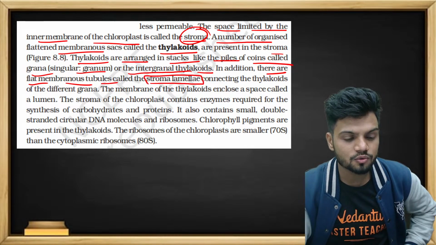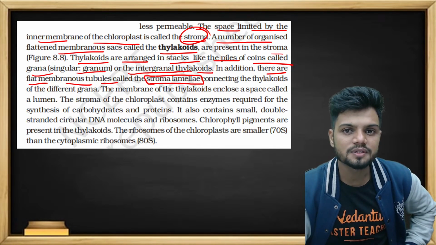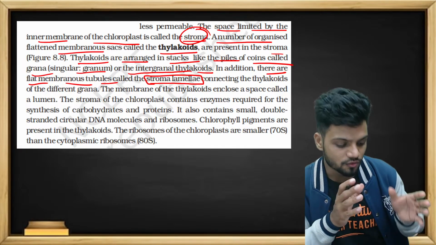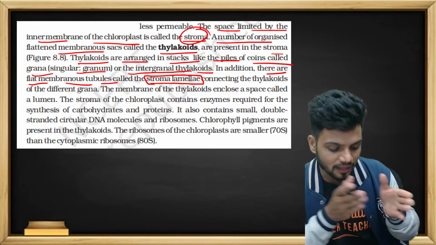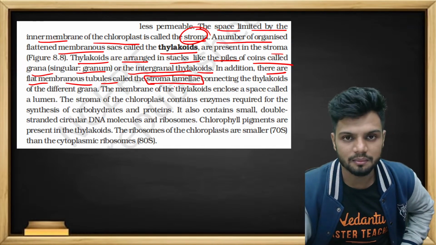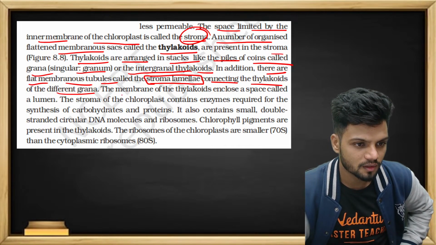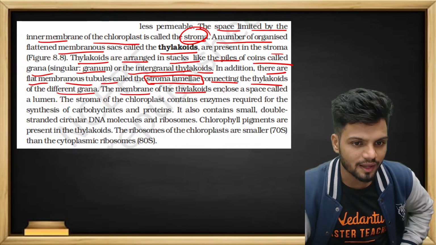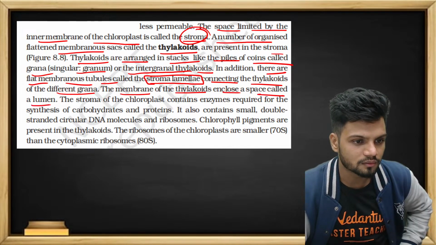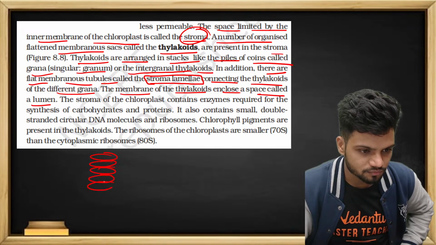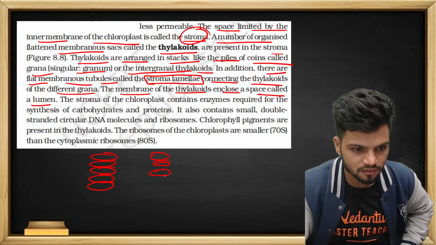The stroma lamellae connect the two different stacks of coins, that is, the thylakoids of different grana. The membranes of the thylakoid enclose a space called lumen. Now, where is the lumen here? Understand, these are the thylakoids.